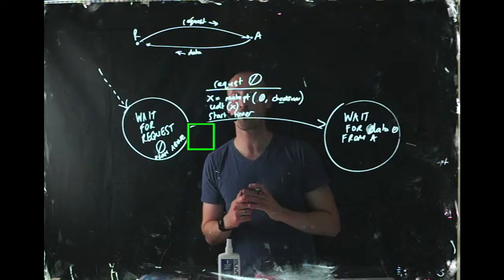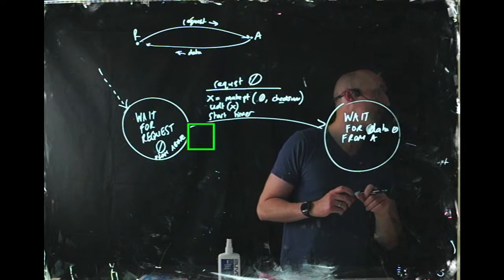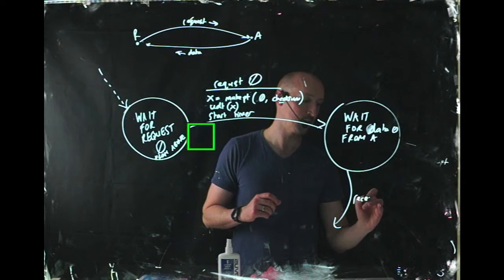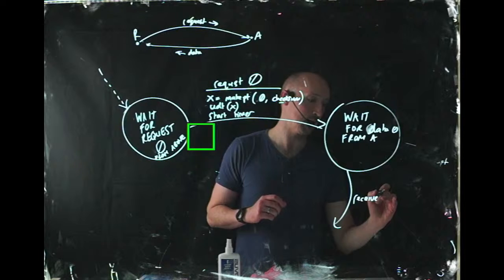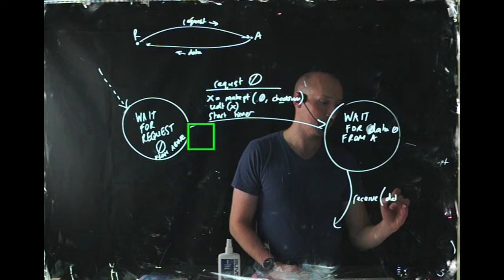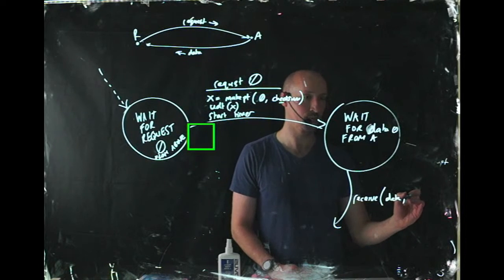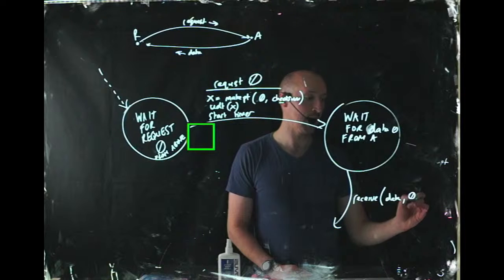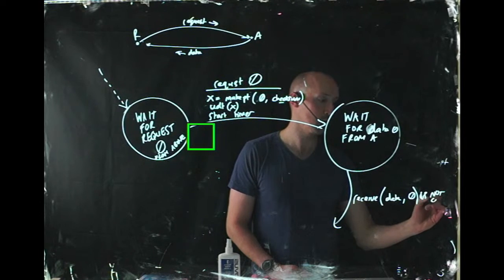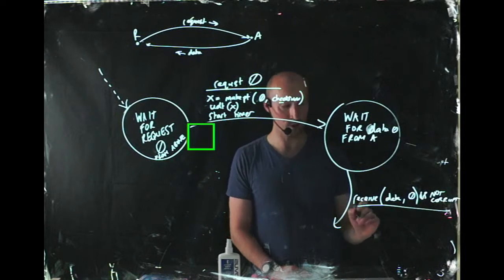So what can happen while we're waiting here? Well, hopefully we receive the actual correct data. So if that event happens, receive data, and it has the correct sequence number of 0, and it's not corrupt, then we can move on.